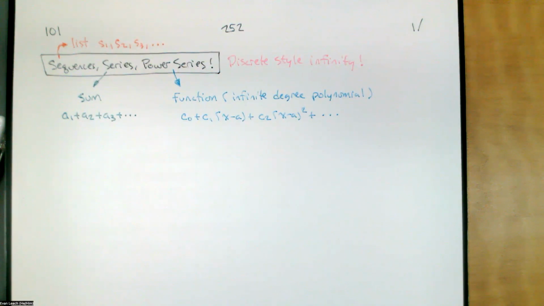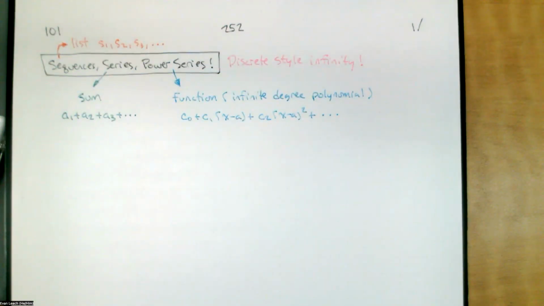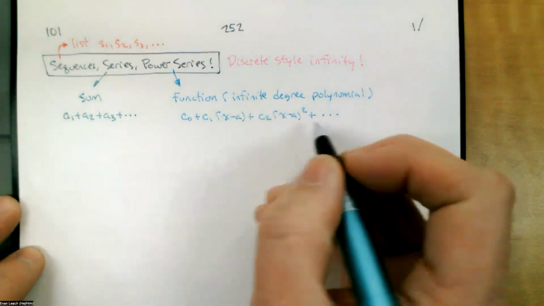The important thing to recognize is that the power part is always the same. It always has to be the same power of x minus a constant. So in this case, a is a constant. I will refer to that as the center of the series. And then the c's are all constants. So c_i is constant for all i.